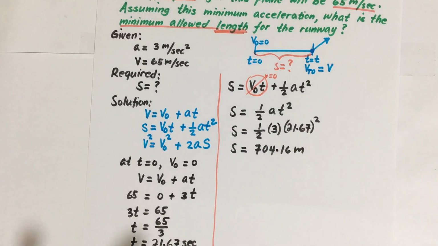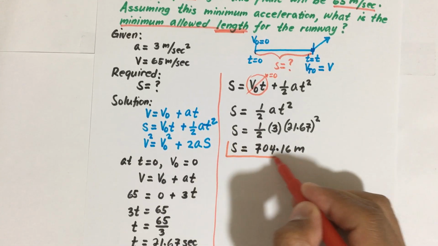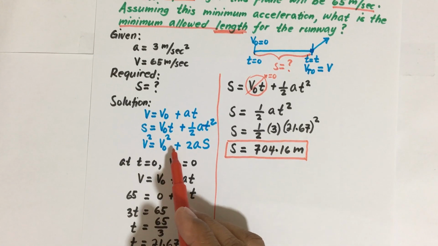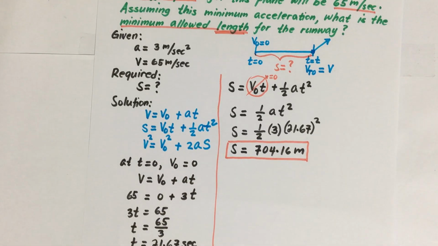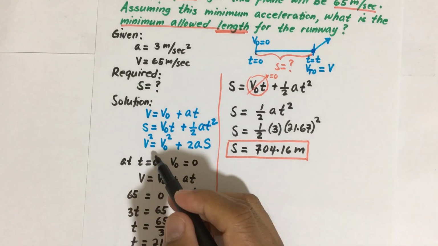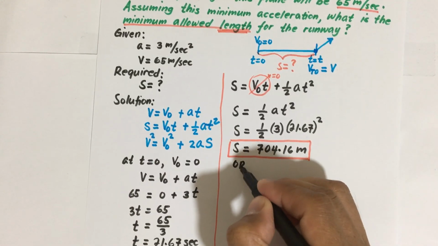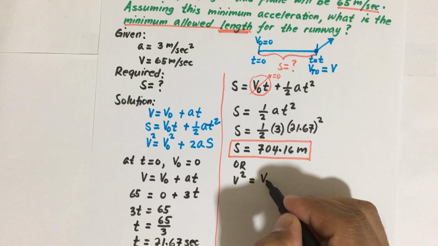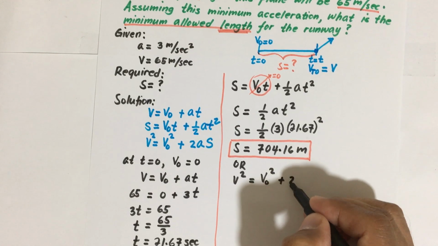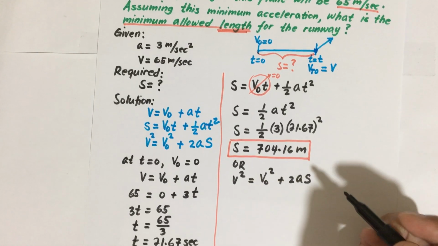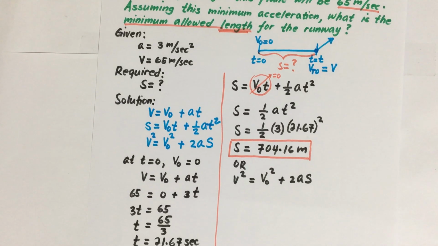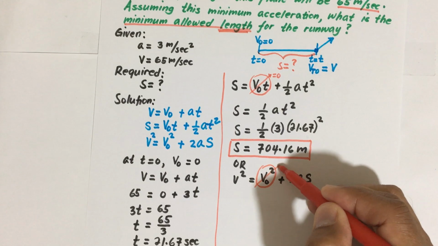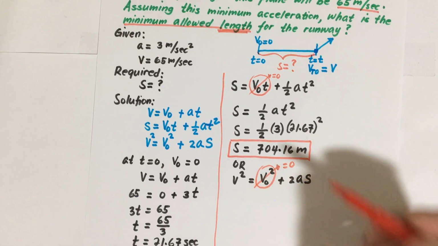Okay, so this is the solution to this problem. And as mentioned a while ago, you can also use this other formula to solve directly for s. From this formula, v squared equal to v sub 0 squared plus 2as, and we know that the initial velocity is equal to 0, so this term becomes 0.